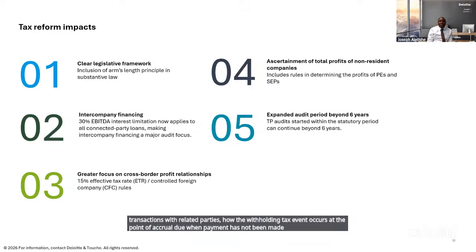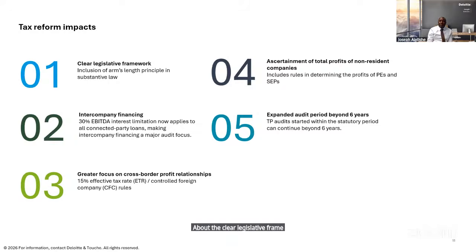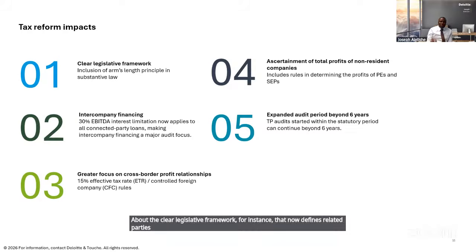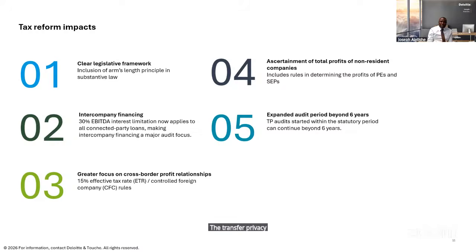There is also the clear legislative framework that now defines related parties. The arm's length principle, first introduced by the Finance Act in reference to the transfer pricing regulations, now has a separate section in the law itself. I talked briefly about the intercompany financing.